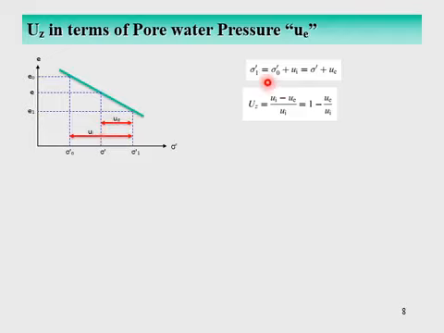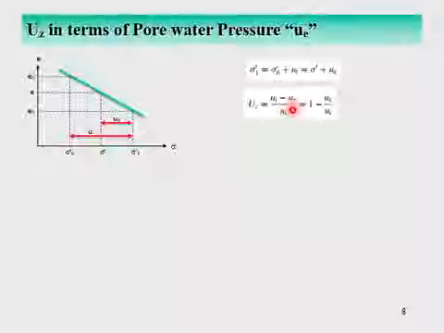So if you put in the previous equation, replacing sigma 1 prime and sigma naught prime with the corresponding values of Ue and Ui, you would get this equation: Uz is equal to Ui minus Ue over Ui. Ui is the initial excess pore water pressure. Ue is the excess pore water pressure at any time t, right?